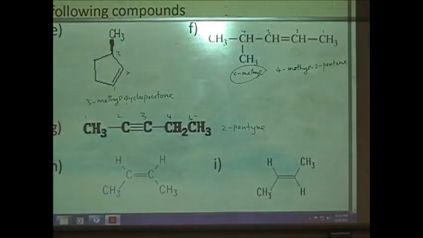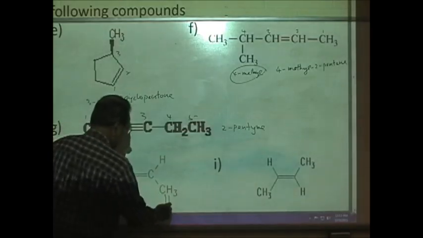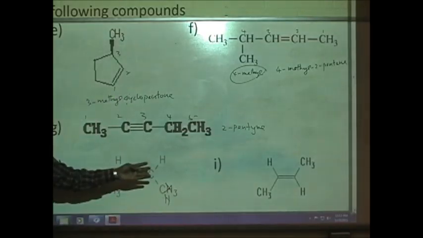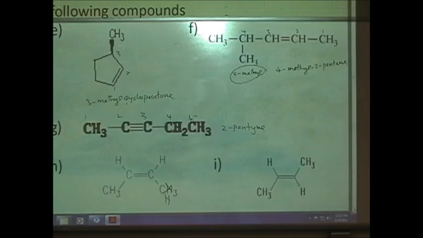Okay? Now this one is... okay. Now let me tell you something. If the double bond has only one group here, only if there's a hydrogen here, there's not going to be geometrical isomers.